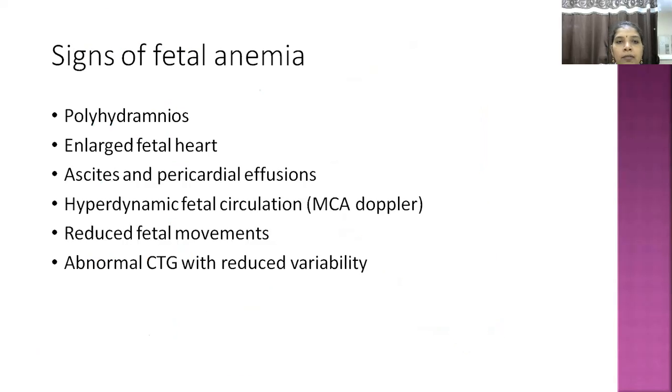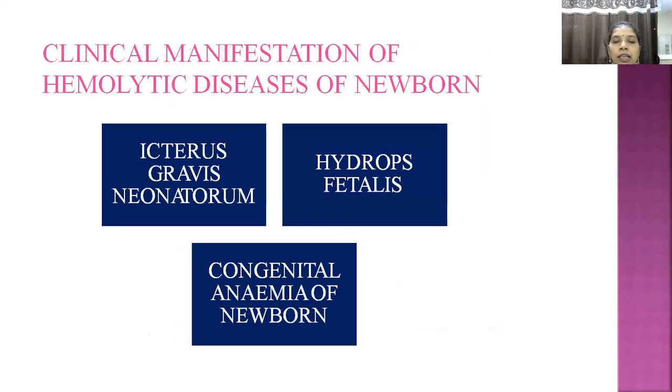Signs of fetal anemia: polyhydramnios, enlarged fetal heart, ascites, and pericardial effusions. Hyperdynamic fetal circulation, reduced fetal movements, abnormal CTG with reduced variability. Clinical manifestations of hemolytic disease of newborn: icterus gravis neonatorum, hydrops fetalis, congenital anemia of the newborn.